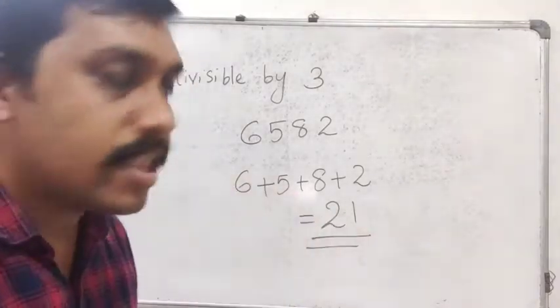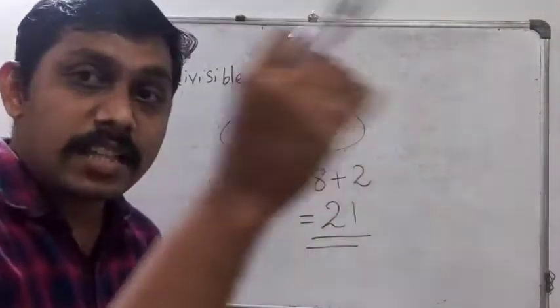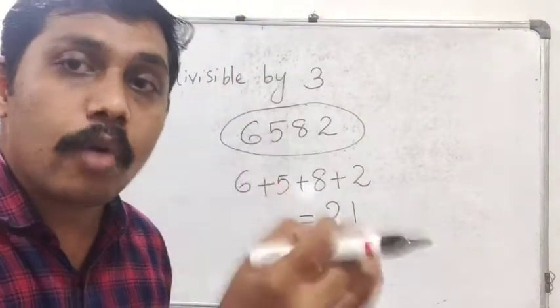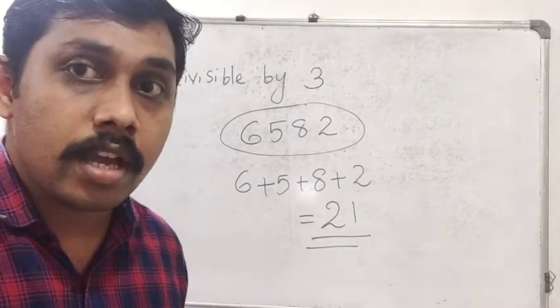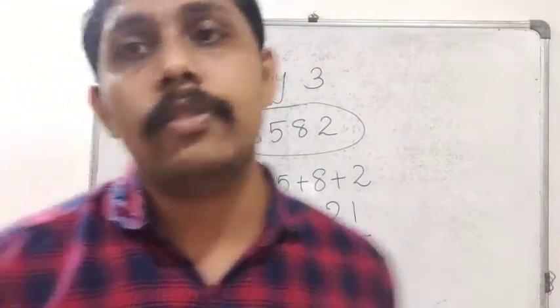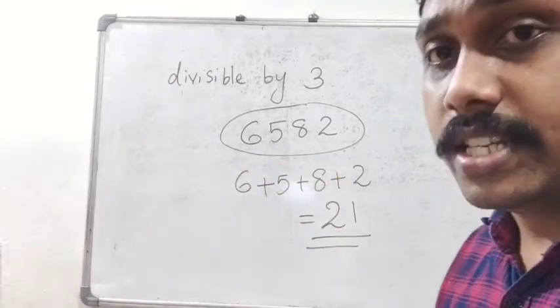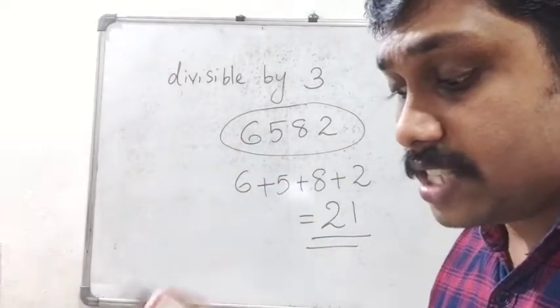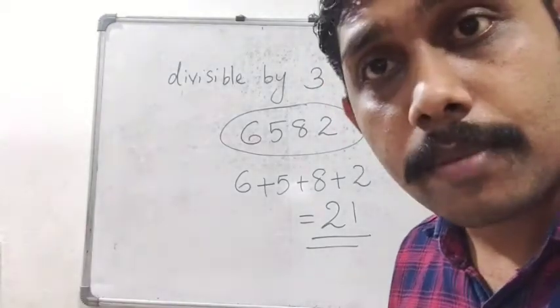So we can say that if the sum of the digits of a given number can be divided by 3, then that number can also be divided by 3. That is, when the sum of the digits of a given number is divisible by 3, then the number is divisible by 3.